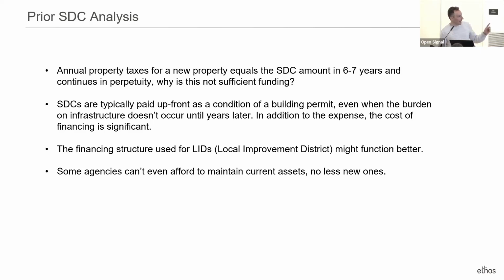And I don't know if you all know what an LID is, local improvement district. It's a mechanism governments can use to basically impose infrastructure on you. So if you had a home, and it didn't have sidewalks or the road wasn't paved, and collectively the government thought it was a good idea to put in sidewalks and pave the road, they could just do it and then assess your property.